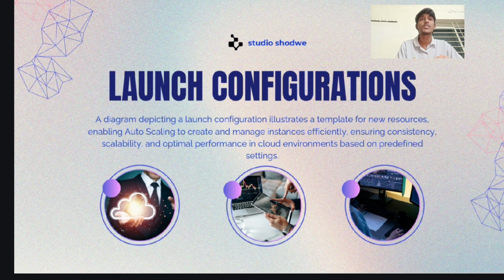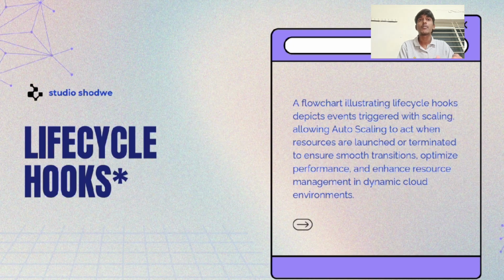Monitoring and troubleshooting. So, last topic. Good monitoring and troubleshooting are essential for ensuring the performance and reliability of auto scaling. Amazon CloudWatch assists in monitoring important metrics such as CPU usage, memory consumption, and request rates, where users can set alarms for anomalies.